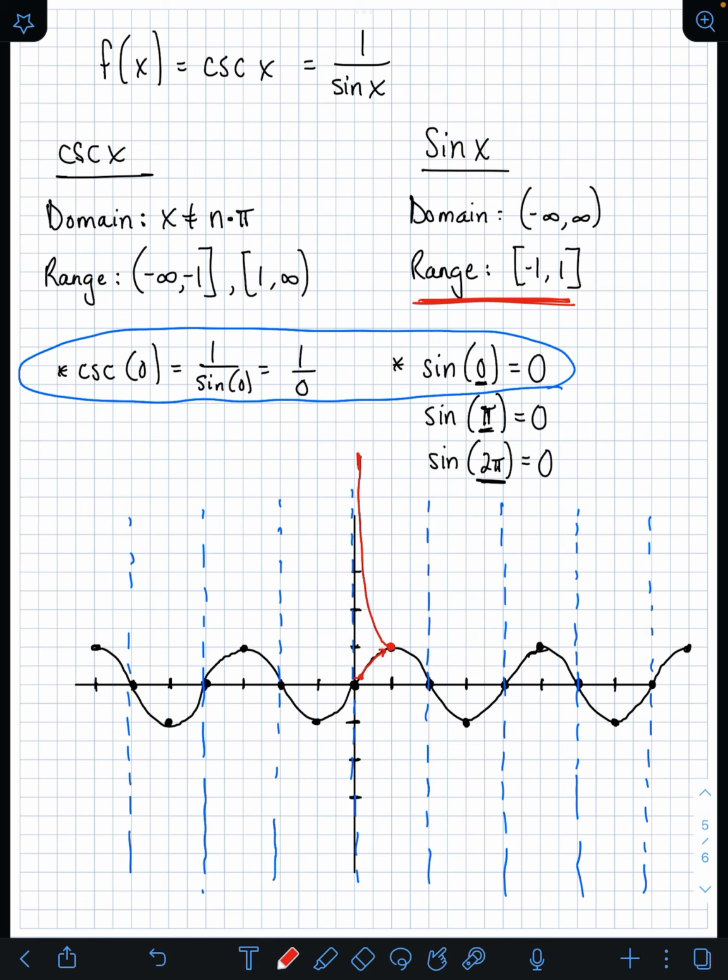After this point, the sine wave drops away from that point, and as it drops away, cosecant is going to rise up.